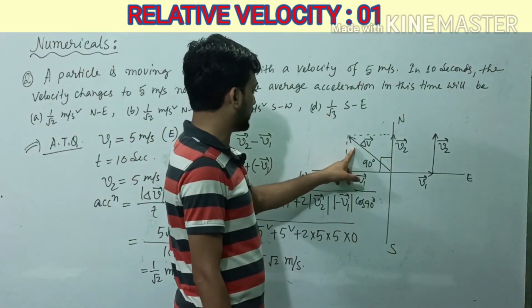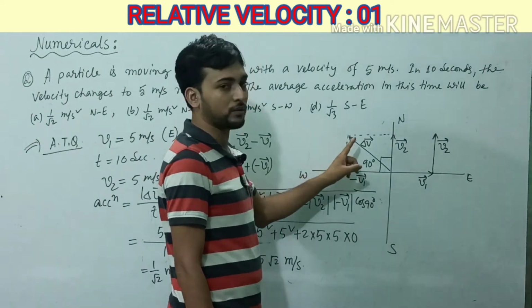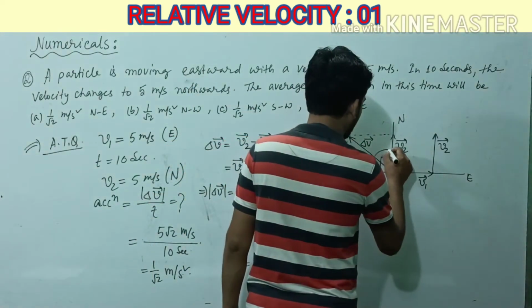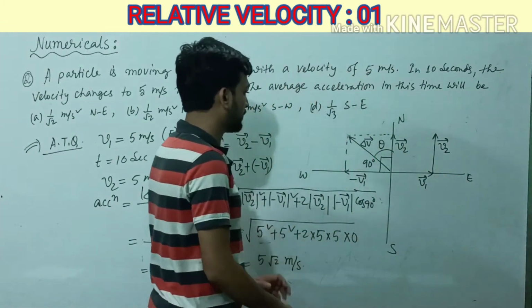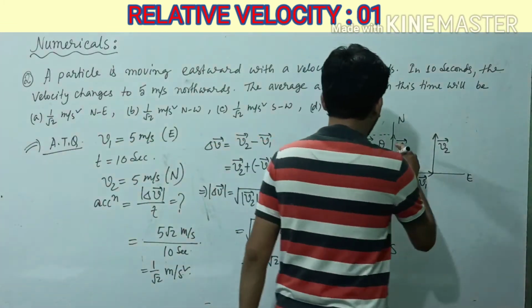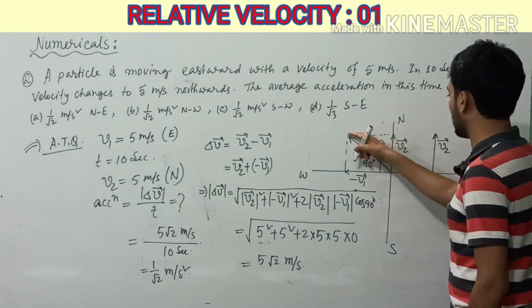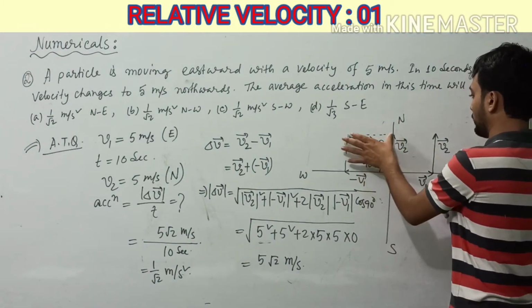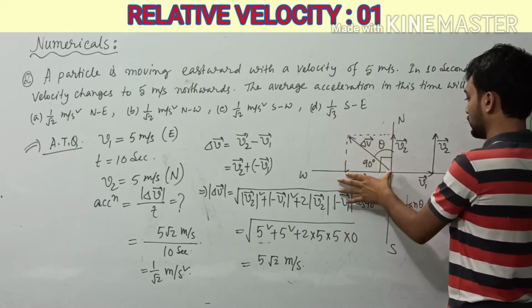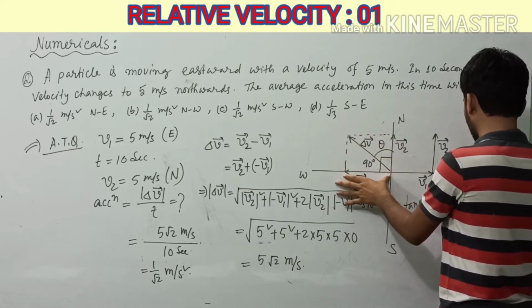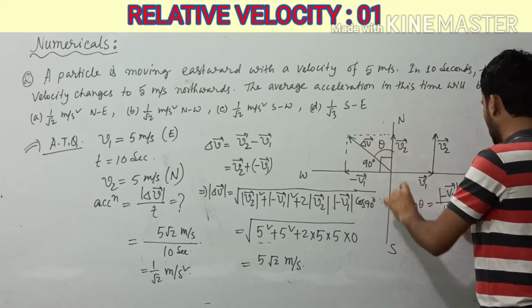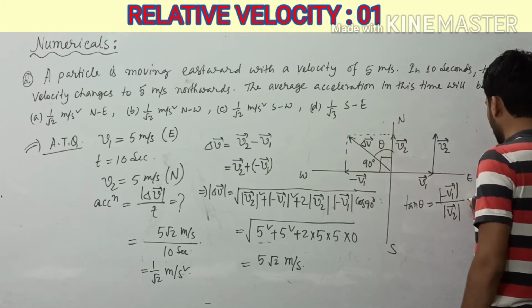The direction of the acceleration will also be along the direction of change in velocity. What we need to find is this angle theta. So from this triangle we can write tan theta is equal to perpendicular, which is mod of minus v1, by base, this is the base, mod v2.